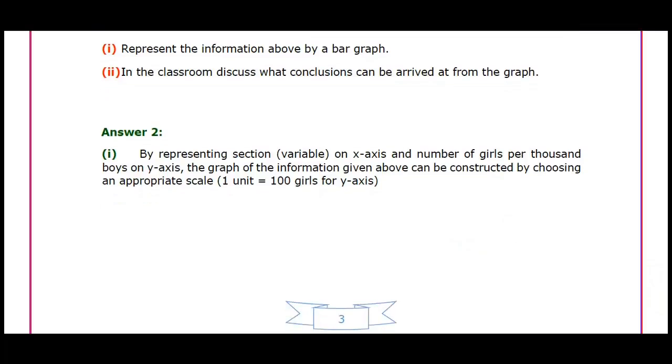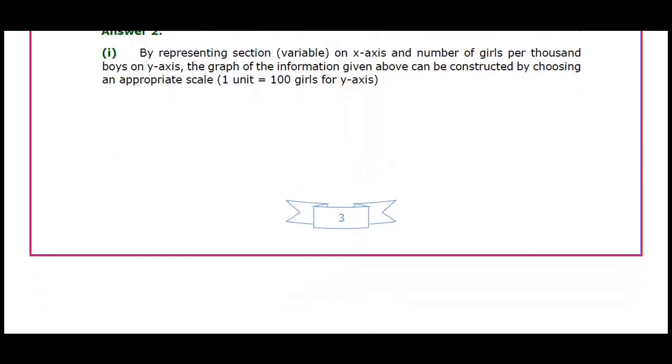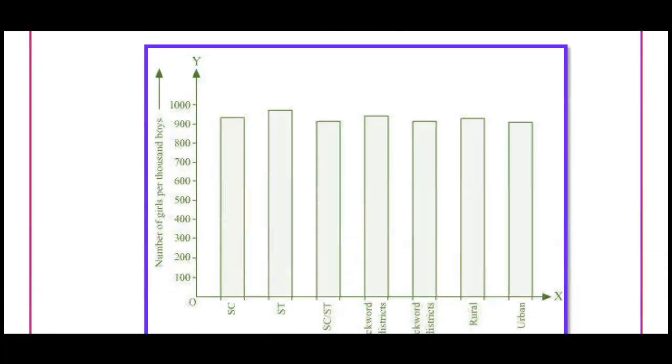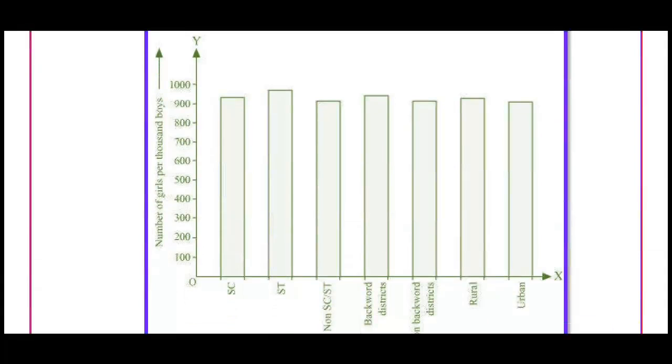So looking at the given data, you can construct your bar graph like this. In the y-axis, we have chosen the number of girls per thousand boys, and in the x-axis we have chosen the sections of the society. So the scale will be 1 unit equal to 100 girls per thousand boys.